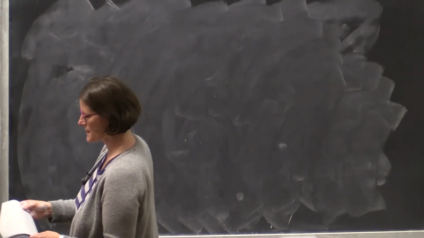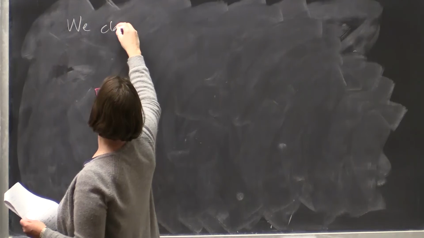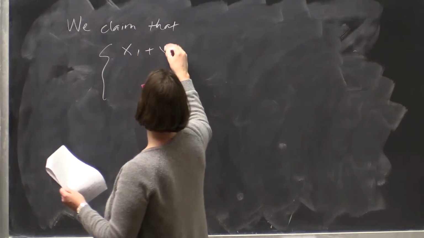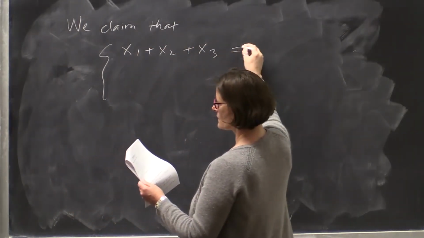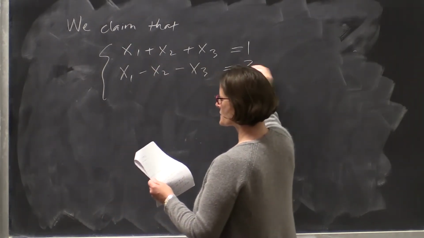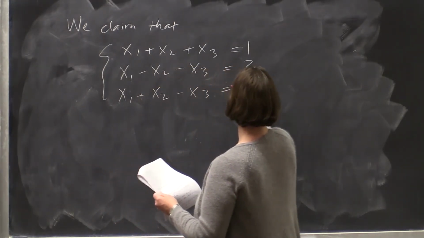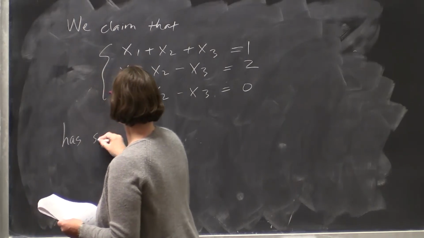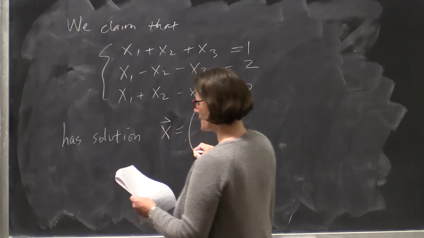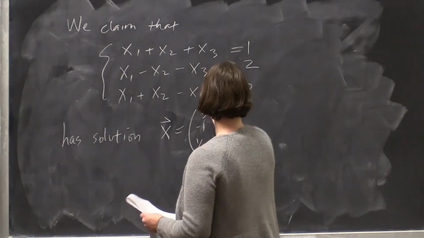To justify matrix multiplication, let me remind you of an example. So we claim that the linear system x1 plus x2 plus x3 equals 1, x1 minus x2 minus x3 equals 2, x1 plus x2 minus x3 equals 0, has solution x equals (3, -1, 1/2).